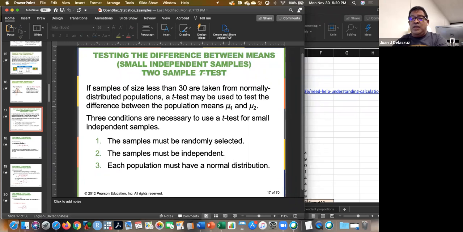So I have made comments on this. In many cases, these small samples are taken in pilot studies. Some pharmaceutical companies, some people who are testing clothes, or doing some small studies, want to gather information on whether running a bigger sample is worth it.